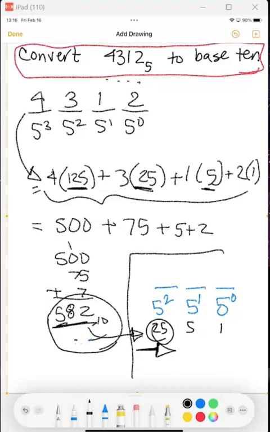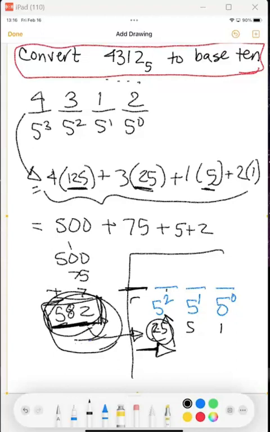How many 25s fit in 582? I know there's 4 25s in 100, so there's more than 5 here. If there's more than 5 25s in your original number, and 5 times 25 is 125, then you need another slot.